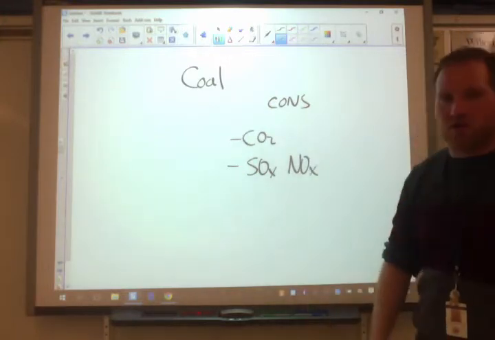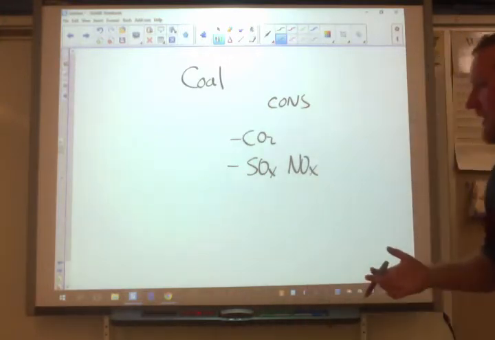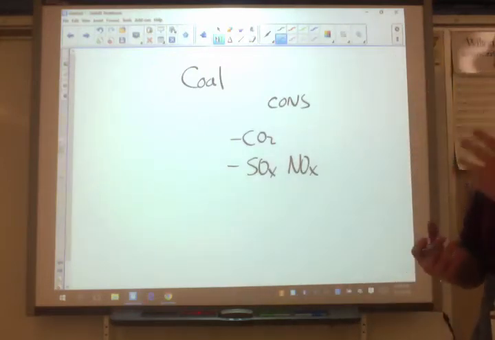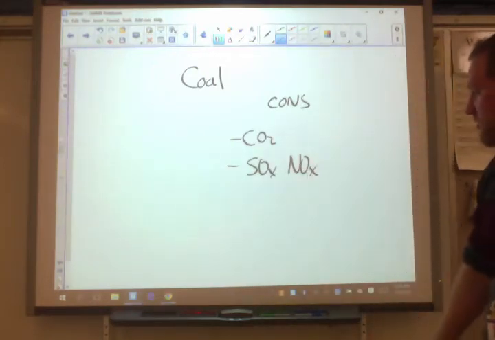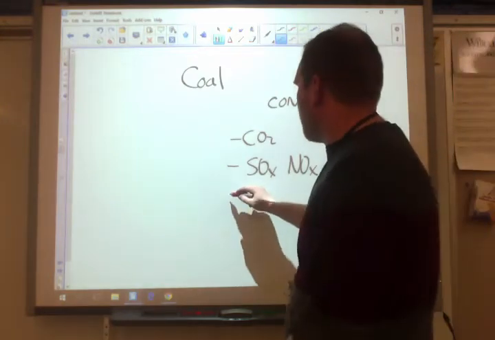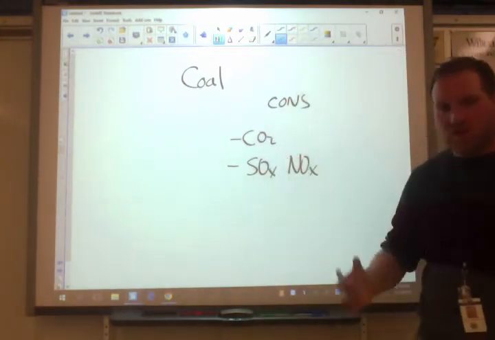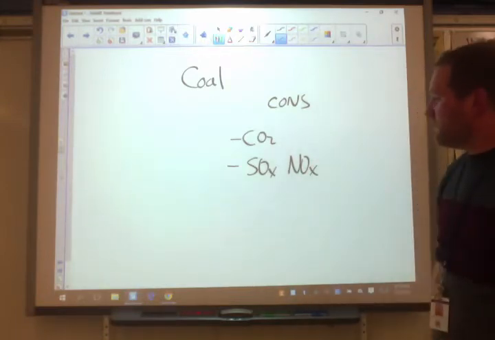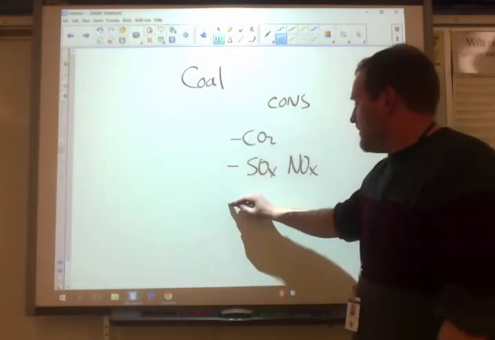I mentioned that earlier. Coal power plants are one of the big reasons we had acid rain. And government regulations have kept that under control, but they still release sulfur and nitrogen oxides. There are other pollutants involved in the burning of coal too. A lot of mercury gets released.